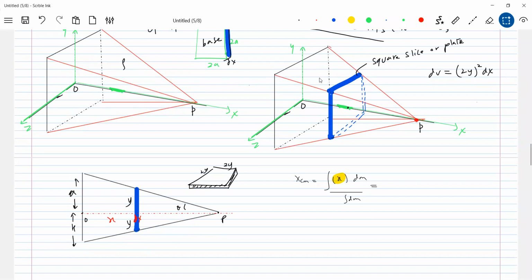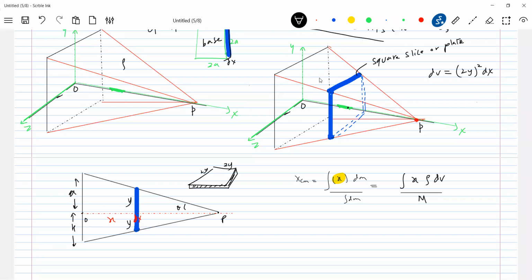Next, again, let's substitute all the quantities one by one. x into, what is the value of dm? dm should be equal to rho into dV by total mass of the square pyramid. Let it be m.